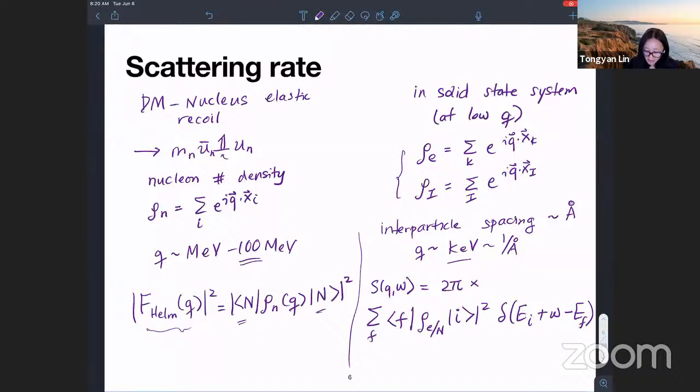Now for the solid state system, we compute a similar density operator expectation value, but we have different initial and final states corresponding to, say, we might start with a ground state of a system at 0 temperature, and then we might create some excitations with some difference in energy omega.